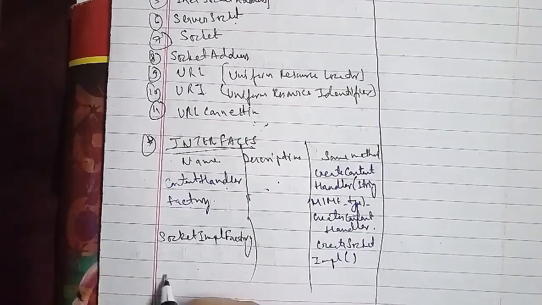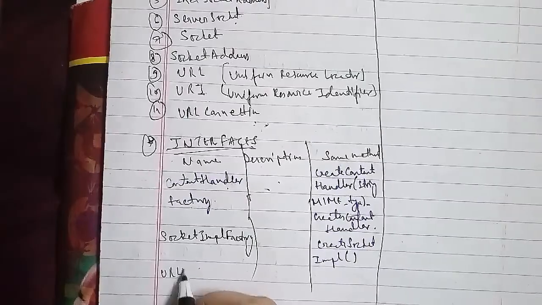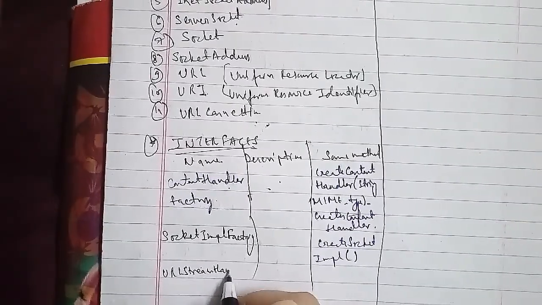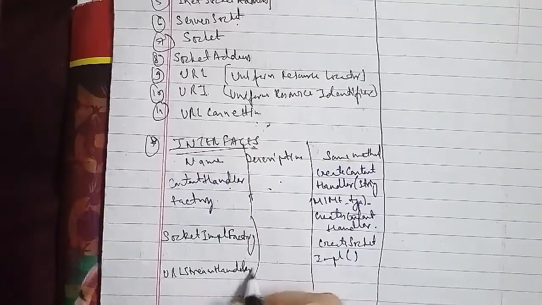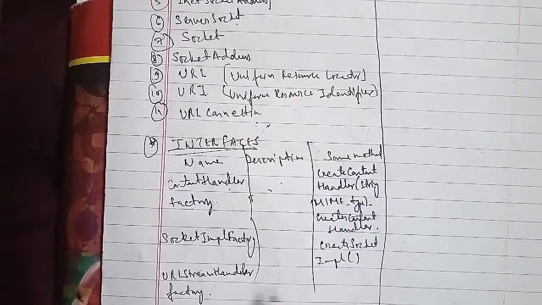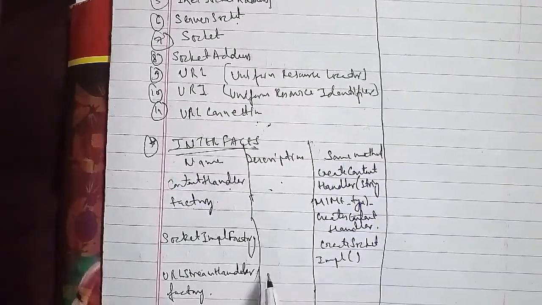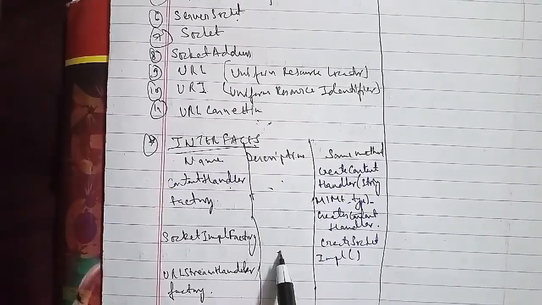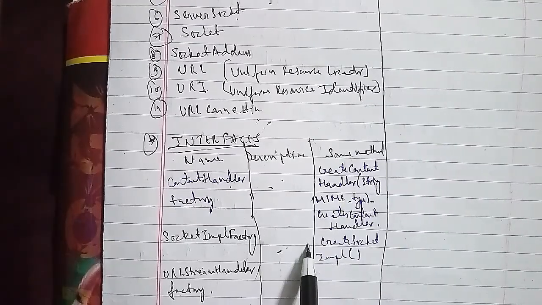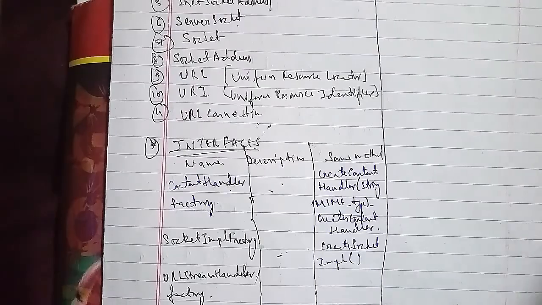And for the method, we will be writing create URL stream handler, string p. This is for a specific protocol p, and a new URL stream handler instance can be created by this method. So that has been used.